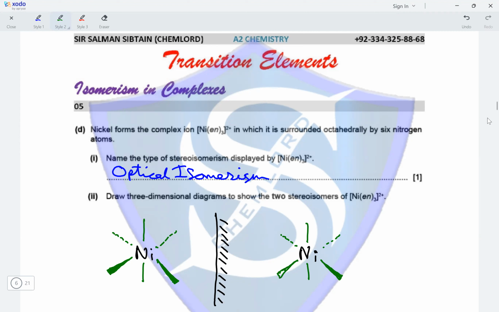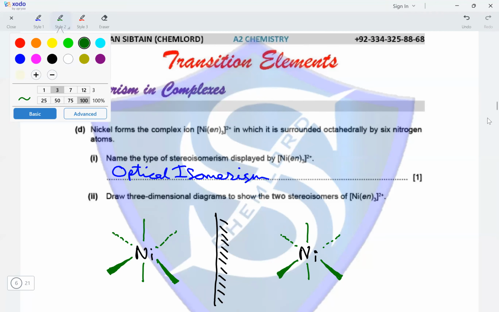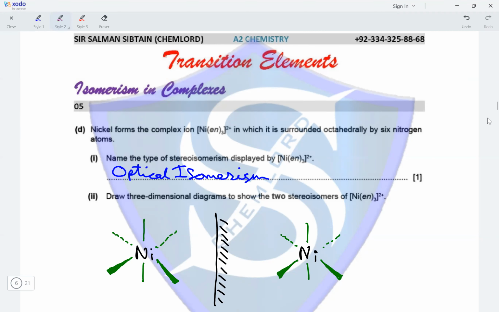So the first thing we'll do is define how we are going to display En. So for that, we are going to use a key. So En will be defined as N and N as a skeletal formula.